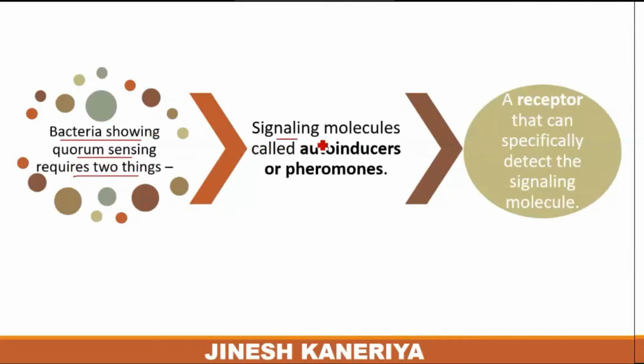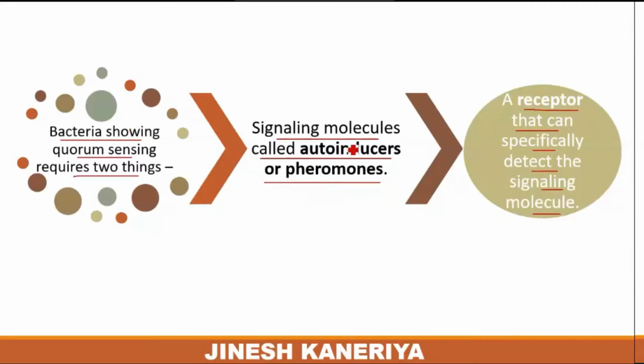First is signaling molecules called autoinducers or pheromones, and second is a receptor that specifically detects the signal molecule. So these are the two things bacteria require for quorum sensing.